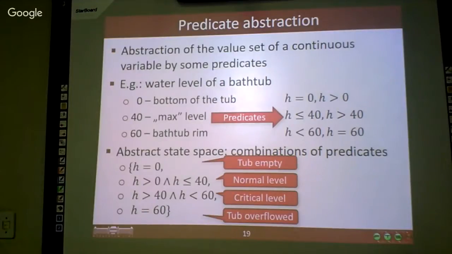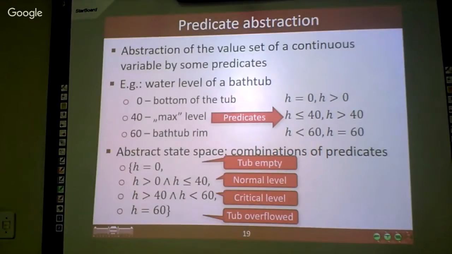A predicate for the water level in the bath tub can be that the height of the water is 0 or bigger than 0. Or we can say that 40 centimeters is actually the maximum level, so we can express whether the water height is below the maximum or above.